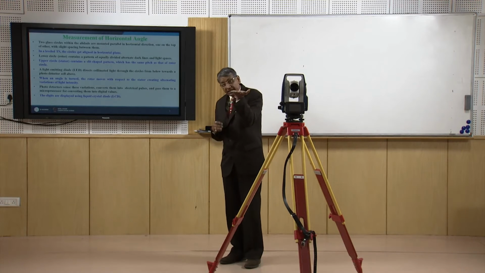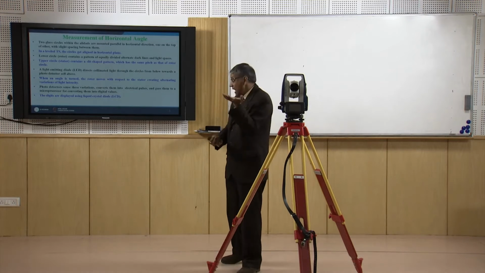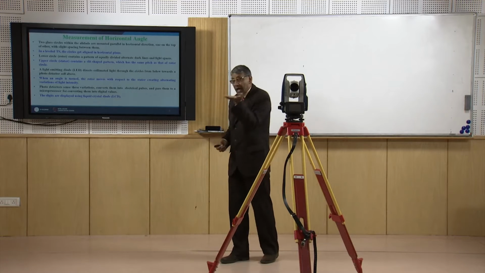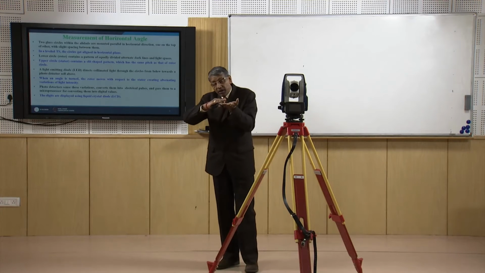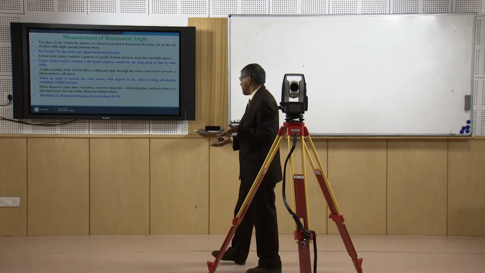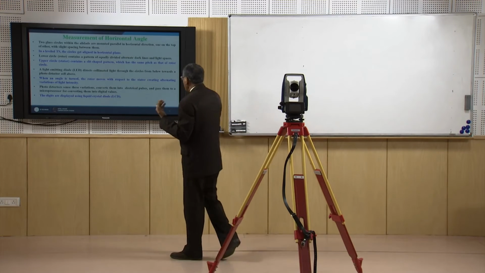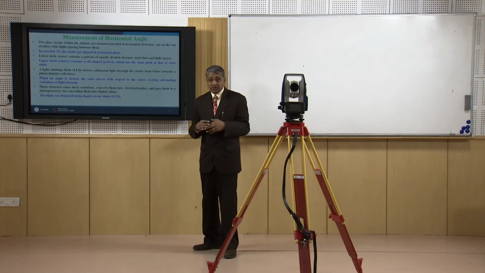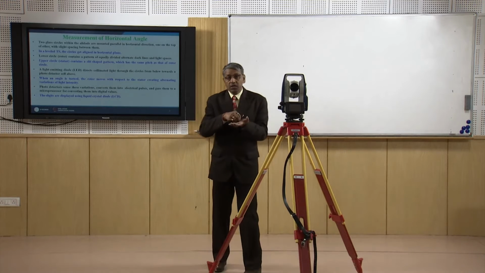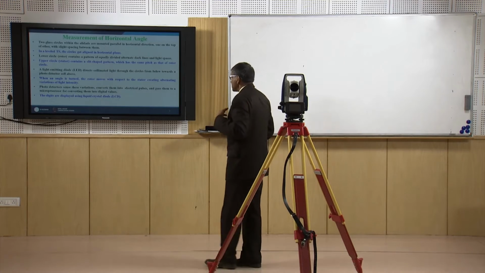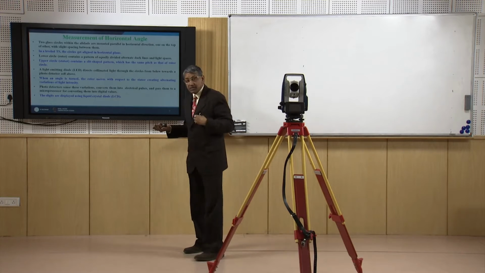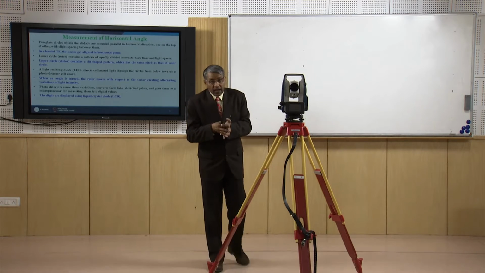That photo detector detects the signal and the intensity, and converts this light to electric pulses. These pass to the microprocessor, which converts the amount of energy to corresponding digital values, and these are then converted to angle.